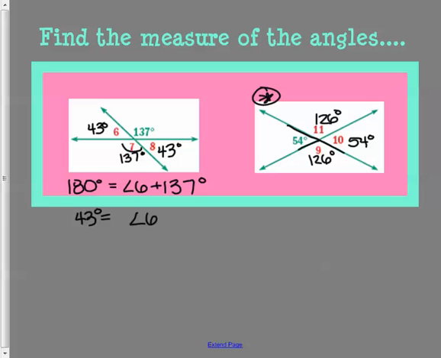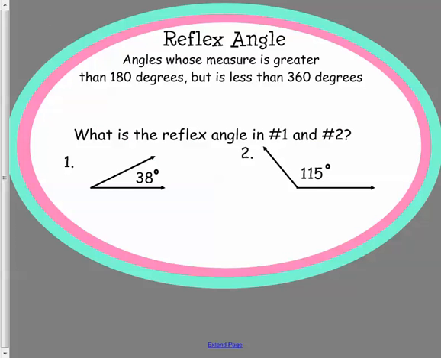So angle 9 and angle 54 form 126, while angle 11, with 54 also forms a straight line at 126.